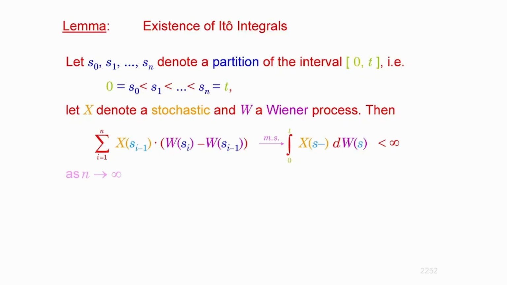If, as the number of subintervals in the partition is increased, in a mean square sense, of course, the expectation of the square of the integrand is finite, as for the Wiener process, where that is true. So that must exist.